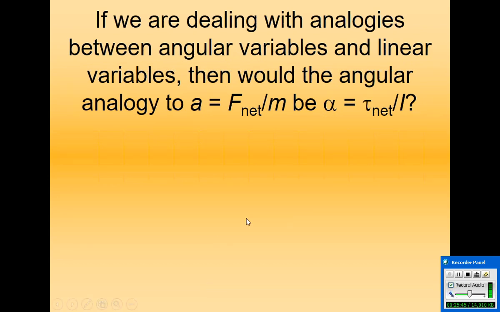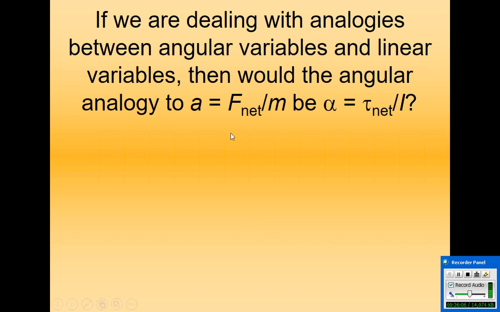If we continue drawing on the analogies, Newton's second law in linear motion says acceleration equals net force divided by mass. If our analogies hold up, is it true that angular acceleration equals net torque divided by moment of inertia?